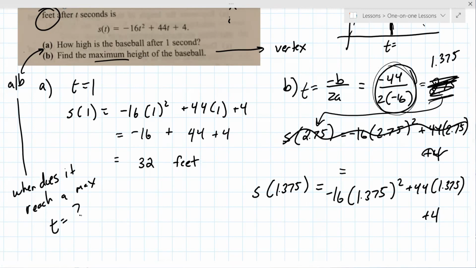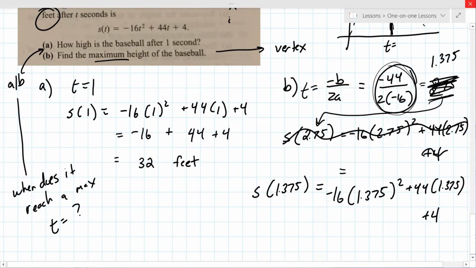All right, on to number 18, after hitting a golf ball. Okay, let me snip that in here. Is it just going to be 0 for the initial height?